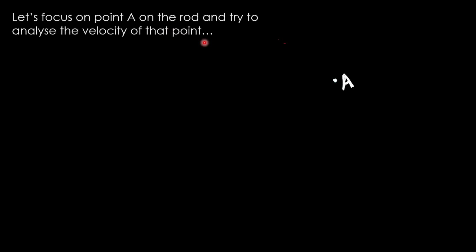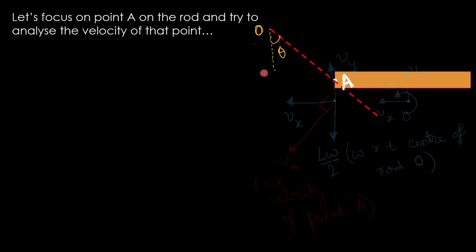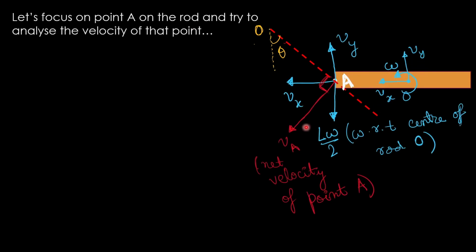Okay, let's focus on point A of the rod and try to analyze the velocity of that point. Since I said the net velocity has to be in the perpendicular direction to the string, we assume that the velocity is Va in ground frame.